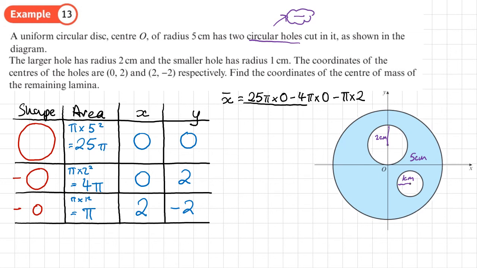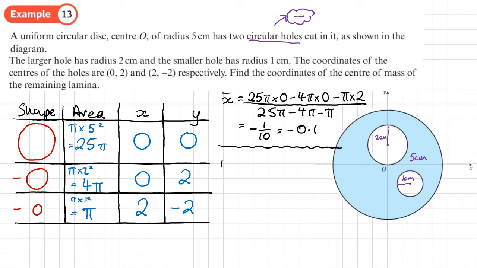And we divide by the sum of the masses, 25 pi, but we subtract the holes, minus 4 pi minus pi. That gives us minus 1 over 10, which we can write as negative 0.1. So we have the x coordinate of the center of mass.